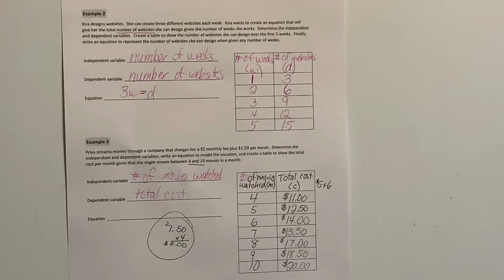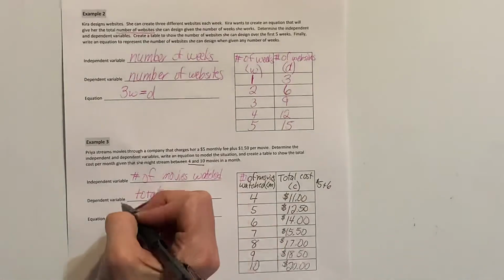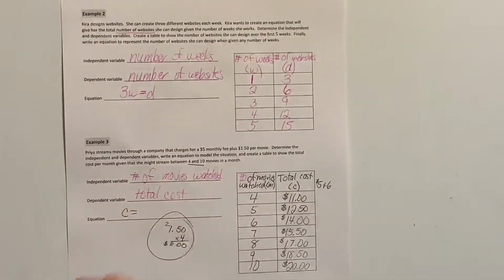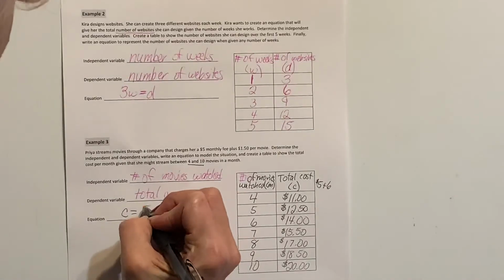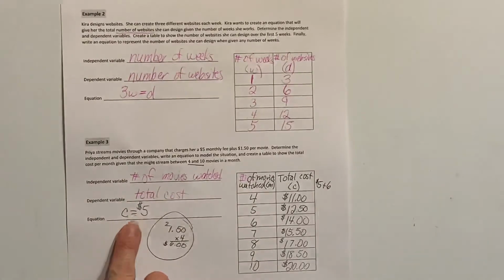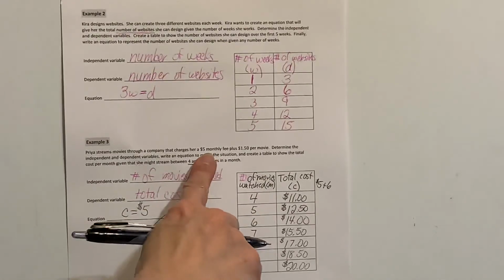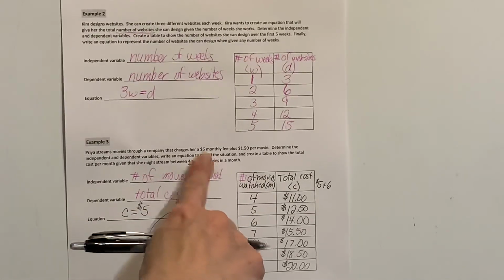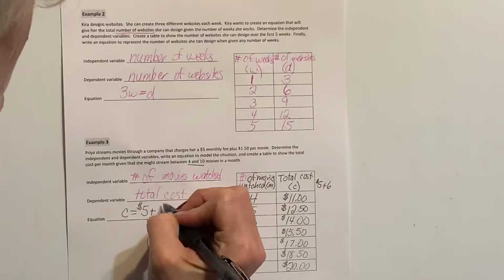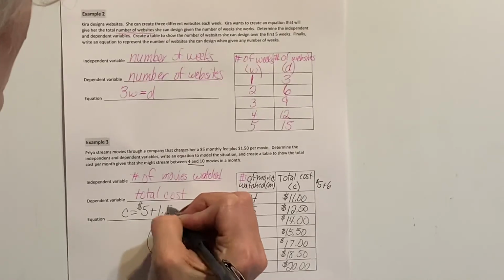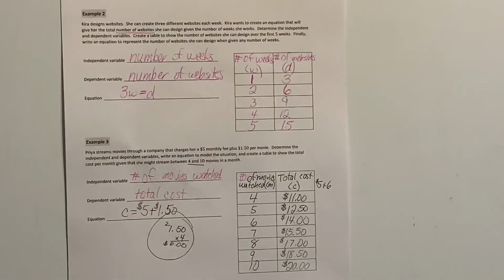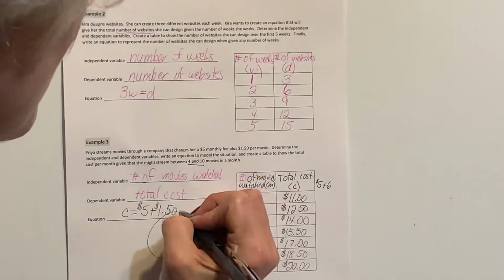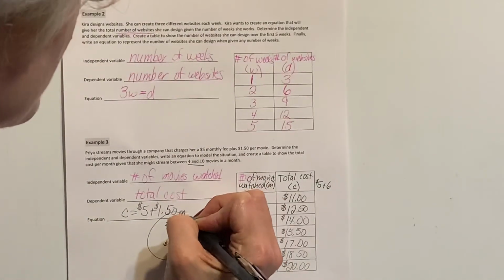So the total cost equals the amount of the monthly fee plus $1.50 times the amount of movies.